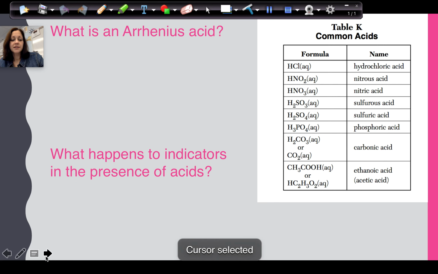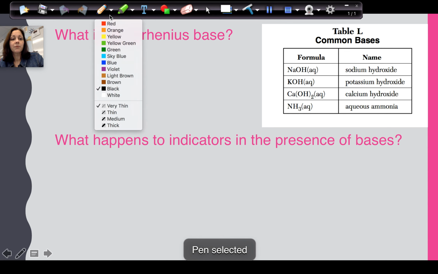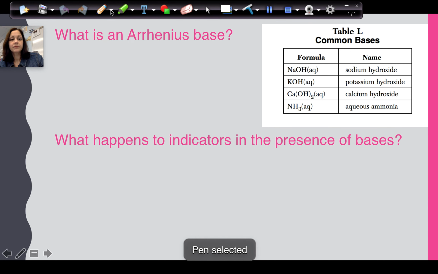By contrast, bases, we have some bases on table L, and for our bases on table L, we notice that it's usually a metal with OH at the end. Ammonia is an exception. Sometimes when we have N's and H's together at the end of a formula, that's also a base, but ammonia is the one that we have to remember.